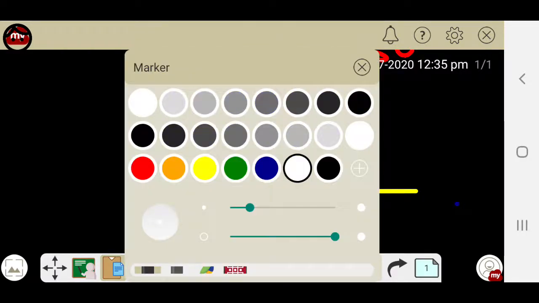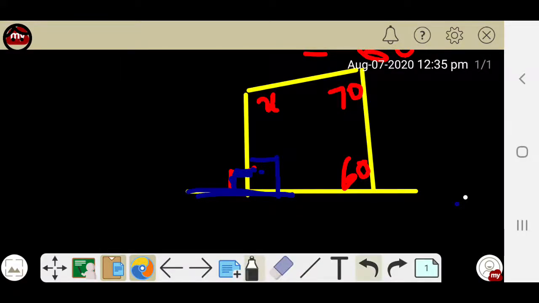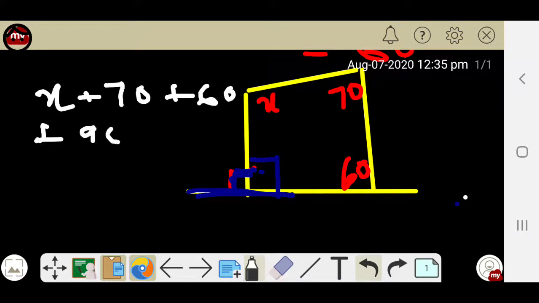So what is the total sum of angles? x plus 70 plus 60 plus 90 equals 360.